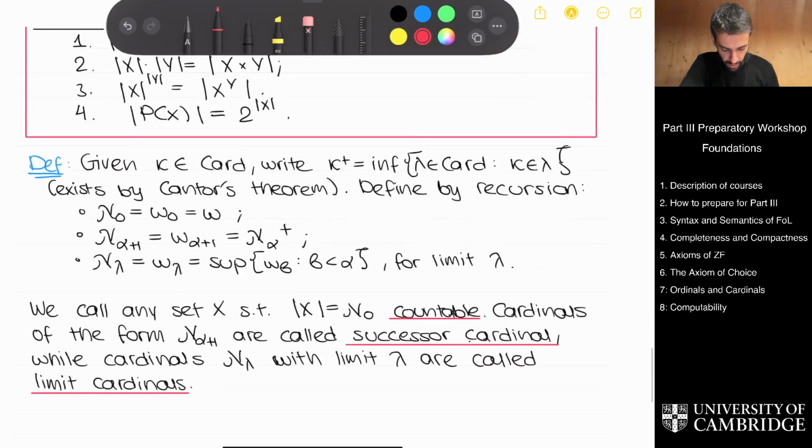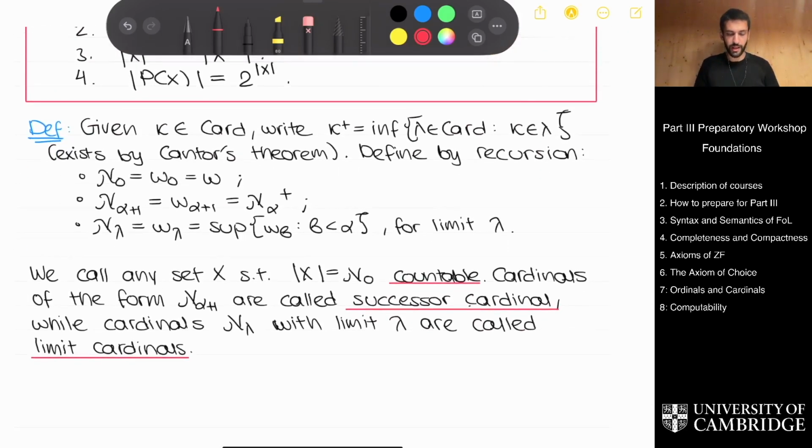Okay, so finally, a last point that I need to make here, which is important and will be very important in the large cardinals course, is that given a cardinal, we know by Cantor's theorem that there exists a cardinal which is bigger, so we may define the successor cardinal, which we denote by kappa plus.